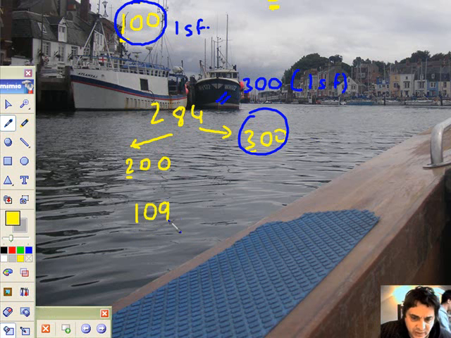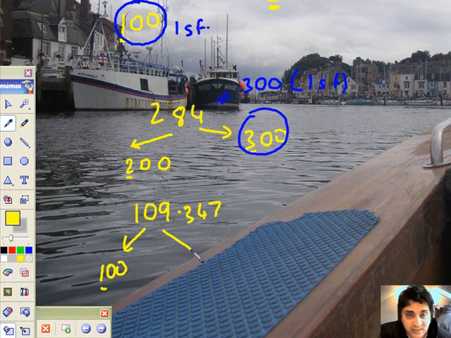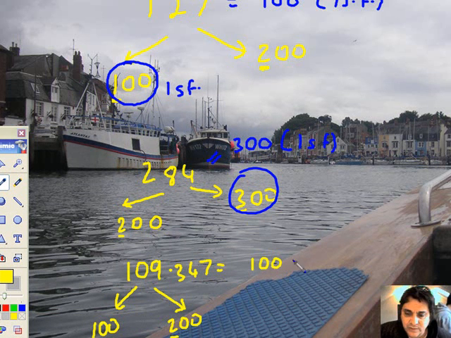I've got 109.347. Don't be fooled by it. They still want 1 SF. You drop it all the way back down to 100, and since we're in the hundreds, the next place to go is 200. We're very close to 100 and nowhere near 200, so we're looking at 100 to one significant figure.